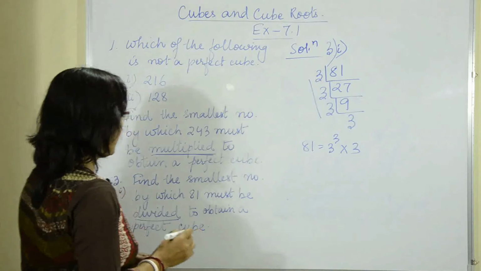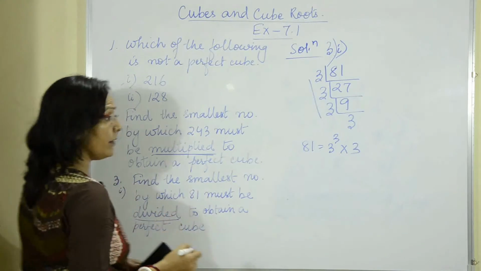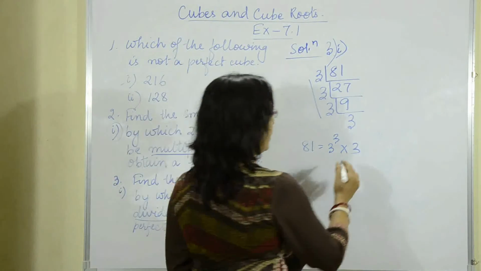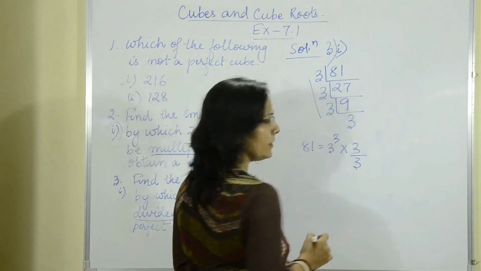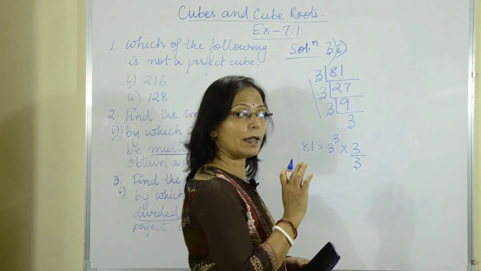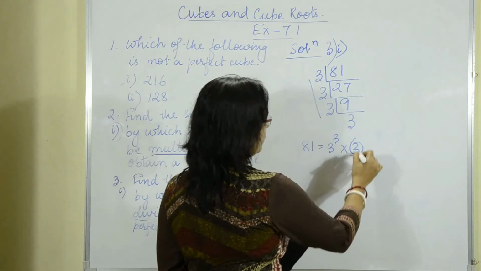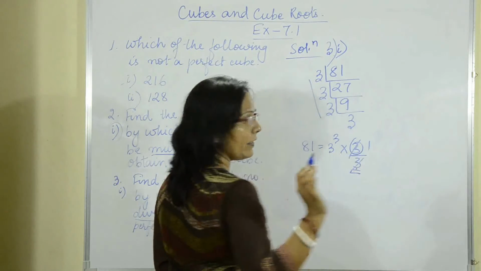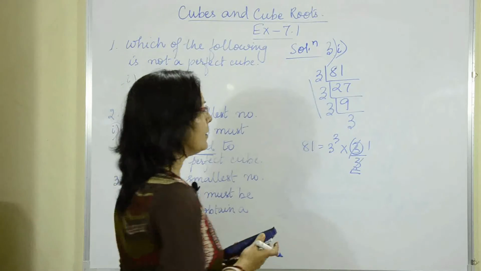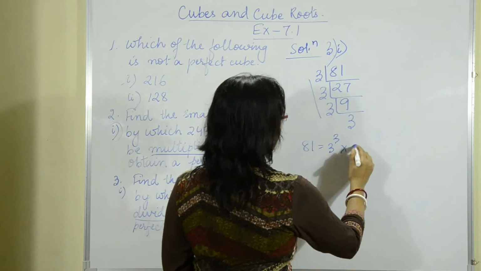Now, what does the question say? Find the smallest number by which 81 must be divided. Divided means this is divided, right. So, I want a perfect cube, and a number to be divided. So, I will have to divide by 3 so that this 3 goes away, right? What is to be done?